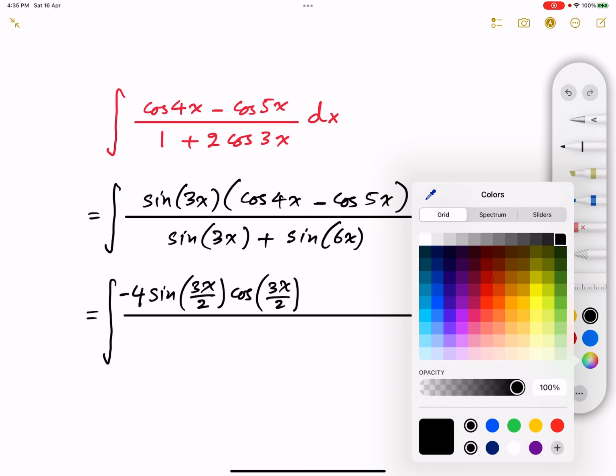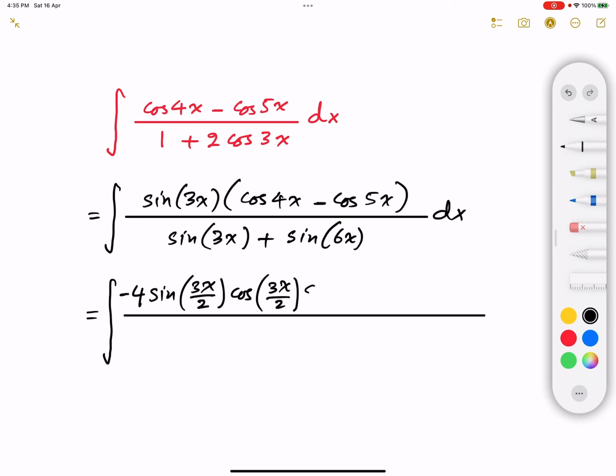Then the multiplication of two sines: sine of half the sum first, which is 4x plus 5x divided by 2, giving us 9x divided by 2, multiplied by another sine of half the difference. Now 4x minus 5x gives us minus x divided by 2, so we can rewrite that as x by 2 and take the negative sign outside. So this becomes positive, and we can get rid of the negative sign here.